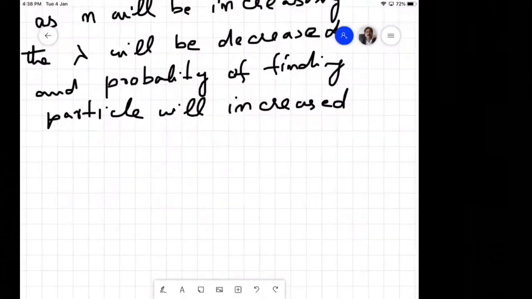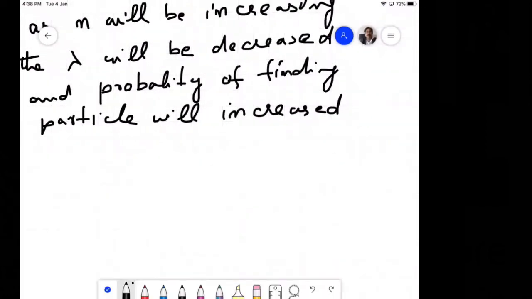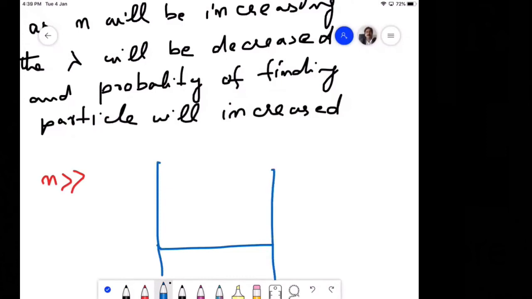What is the meaning of that? As n is greater and greater, the number of ripples will be increased. For example, if n is very large, then the graph will become like this, it will be increased.